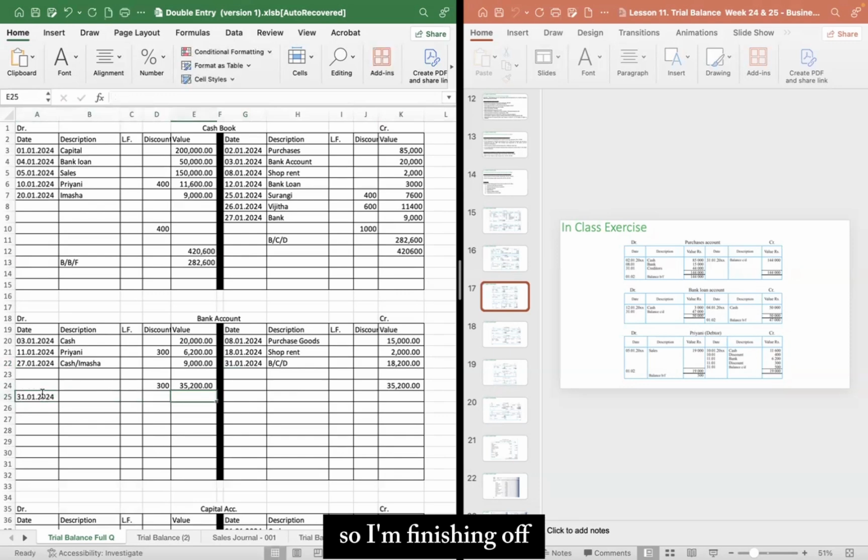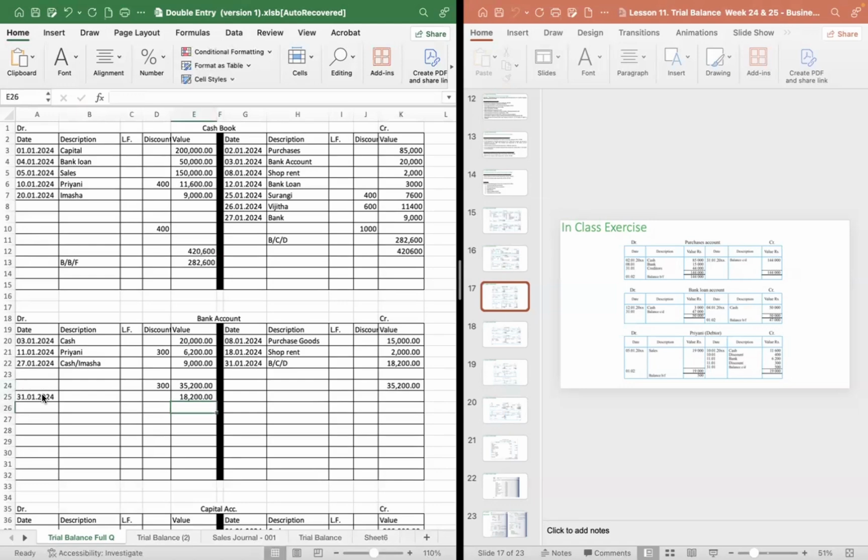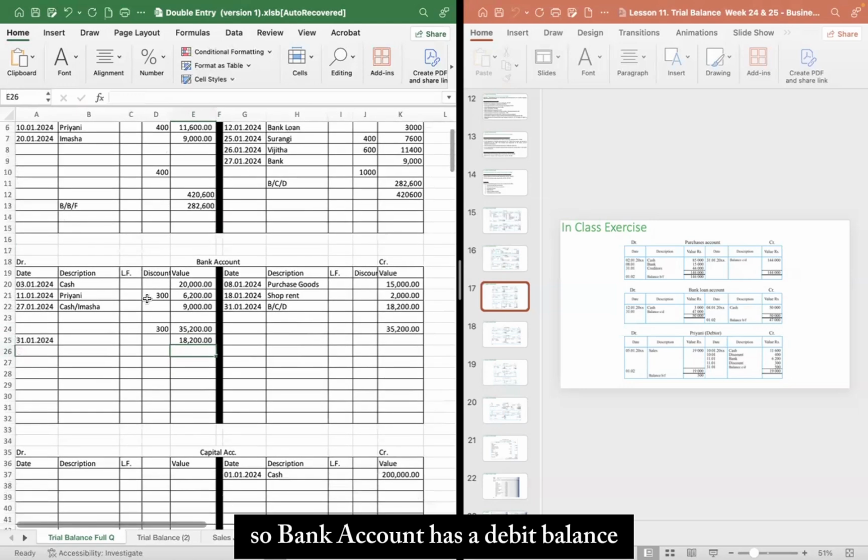So I'm finishing off this question by balancing it off. So the bank account has a debit balance.